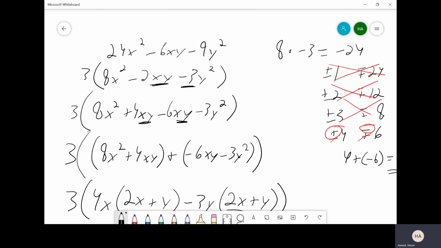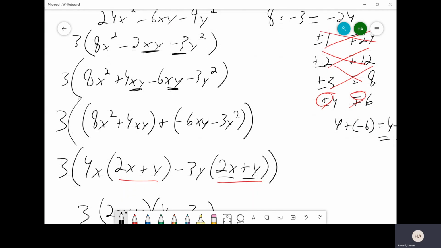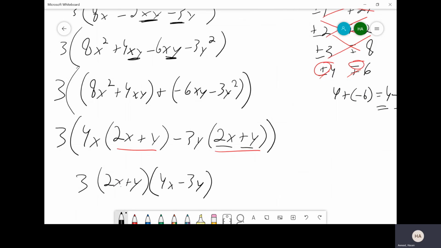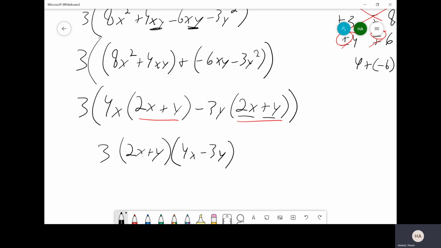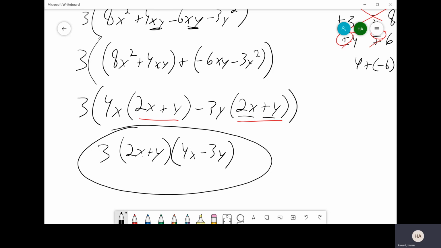And last but not least, we did the grouping phase where we put them in pairs of 2 and pulled out, again, the greatest common factor that we could pull out from both of them. And by reversing the distributive property, we pulled out the 2x plus y from both and ended up here. Okay? So I know it's a lot of steps, but intuitively, once you do it enough, it should start making sense. And that's what I'm kind of hoping for you guys.